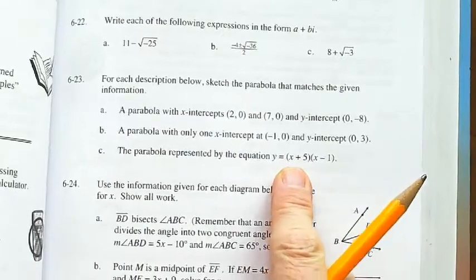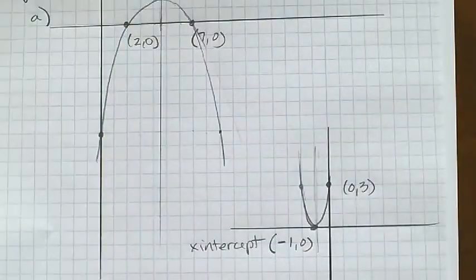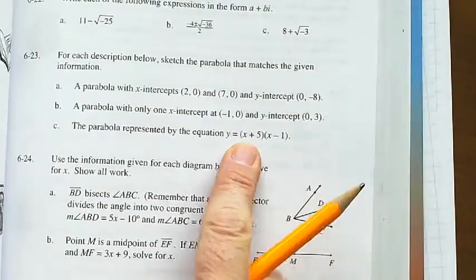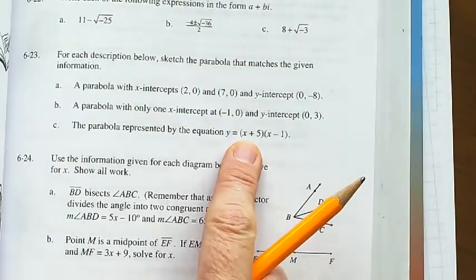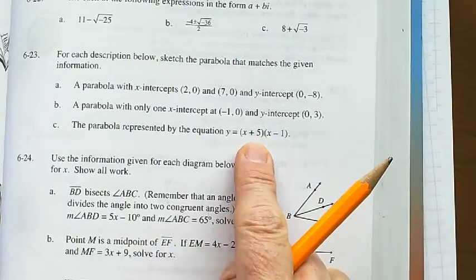And then part C, a parabola represented by this equation, y equals x plus 5 times x minus 1. Okay, we've got an equation for this one. So you should be able to tell me what those x-intercepts are just looking at that. My x-intercepts would be negative 5 and positive 1, and we are going to get the vertex on this one because we do have an equation.